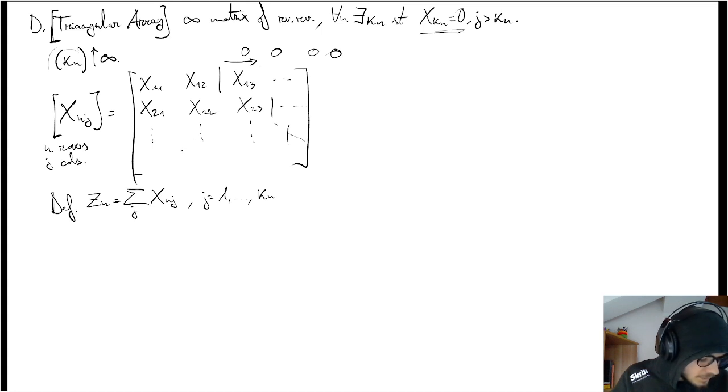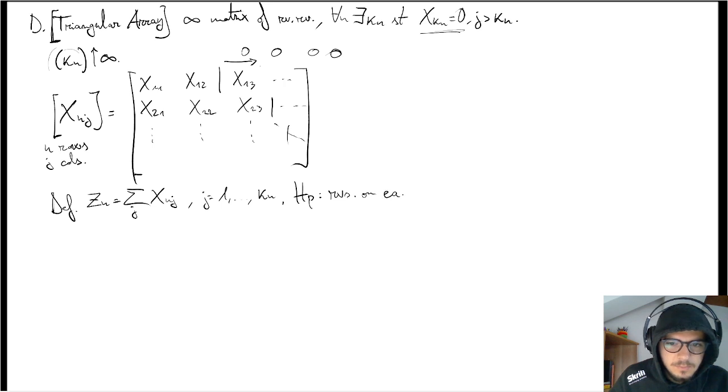So we sum over the columns which have some values. And now as an assumption, as a hypothesis, the random variables on each row are independent between them.